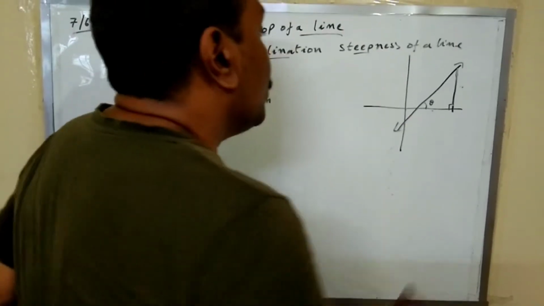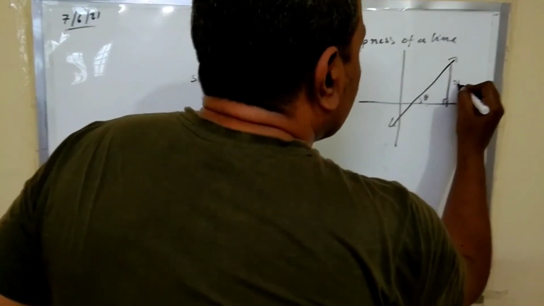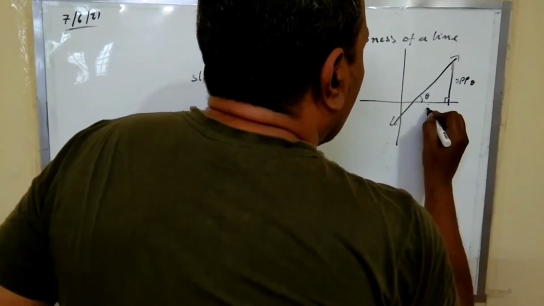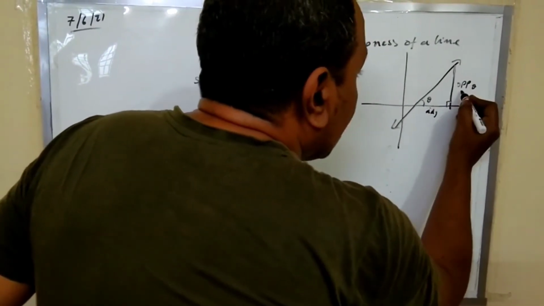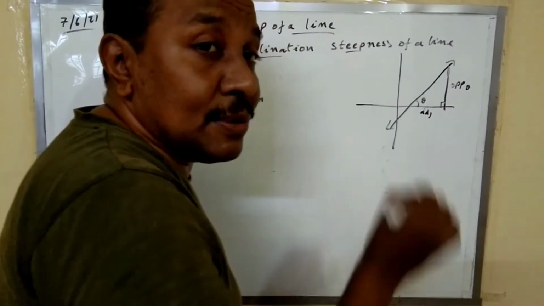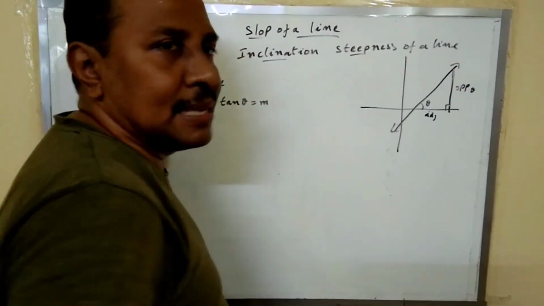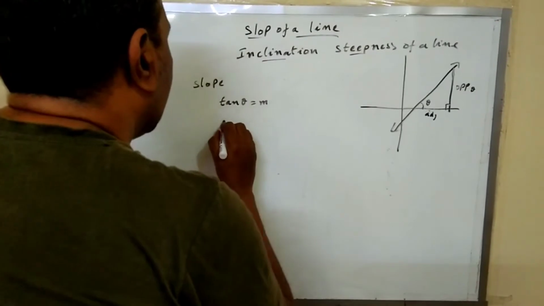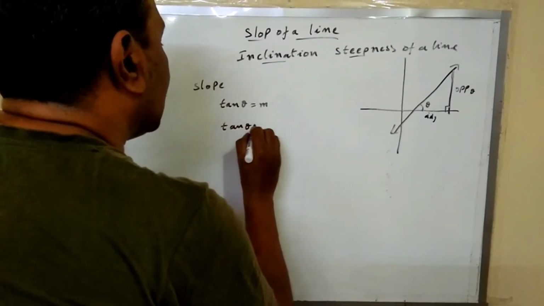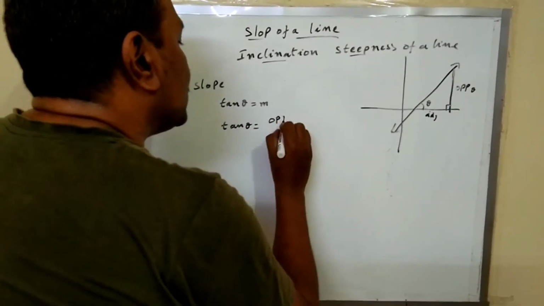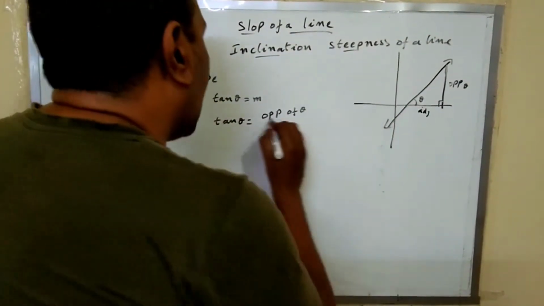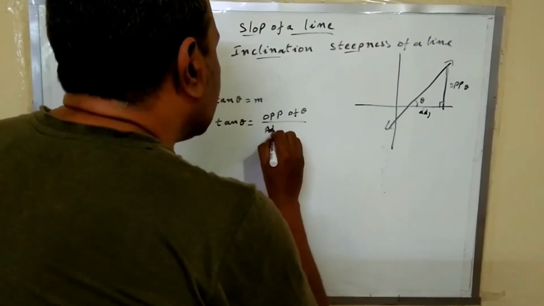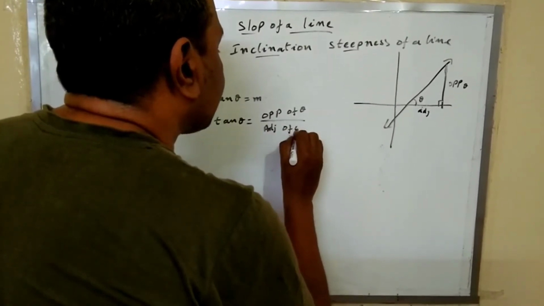So this is the opposite of theta, and this is the adjacent of theta. The ratio of the opposite of theta and adjacent of theta is known as tan. What is tan? Tan theta is equal to the opposite side of theta by the adjacent side of theta.